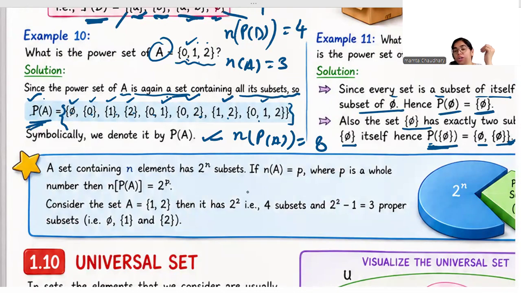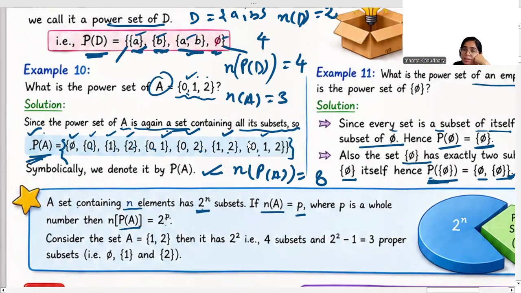There's a formula, 2 raised to power n. So a set containing n elements has 2 raised to power n subsets. So if the cardinality of A is P, then the cardinality of the power set of A will be 2 raised to power P, because it is the set of all the subsets.